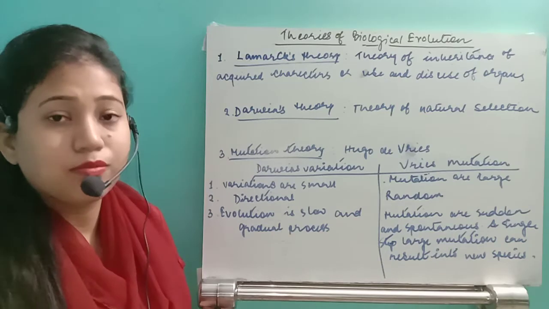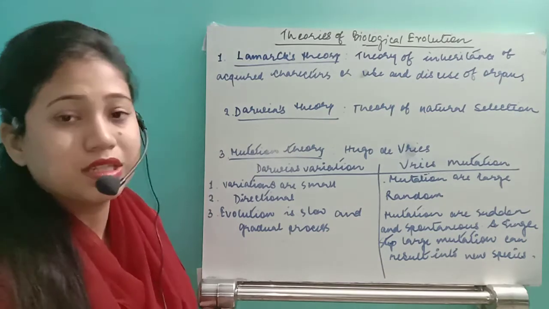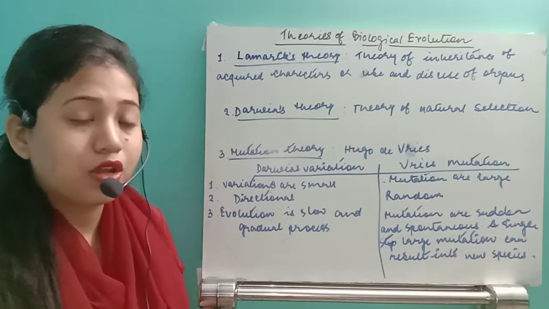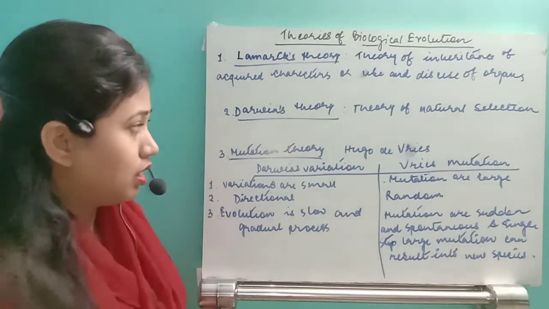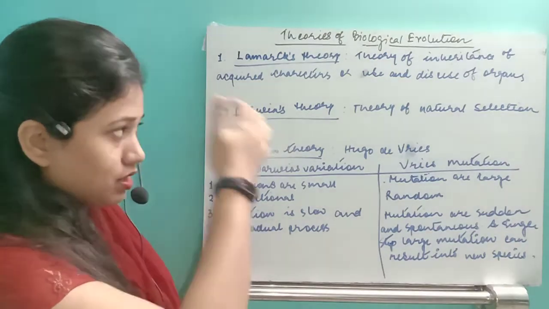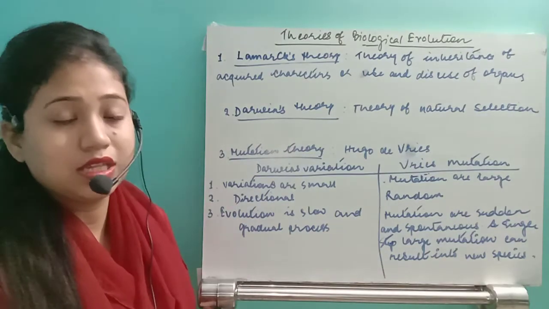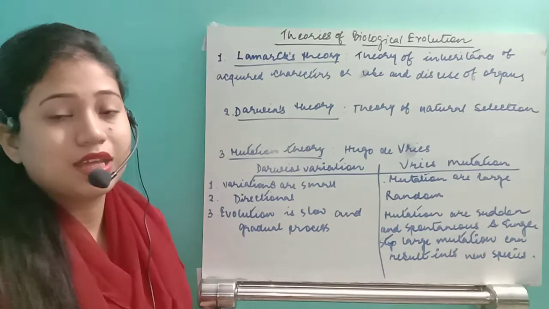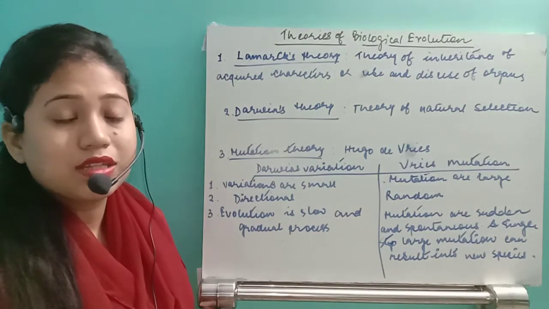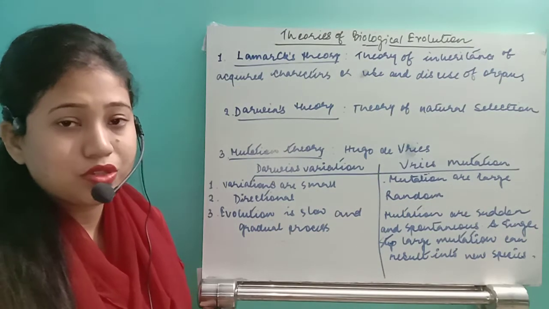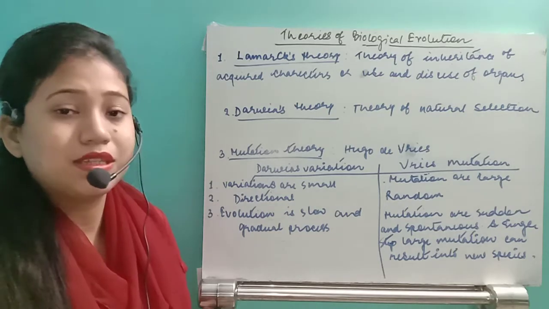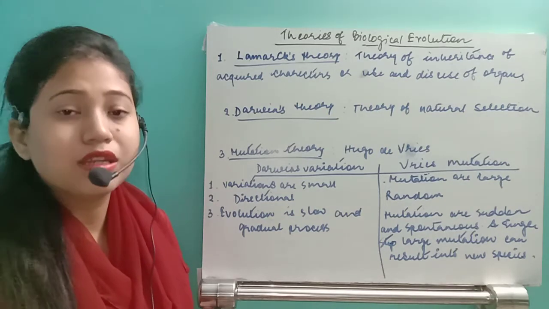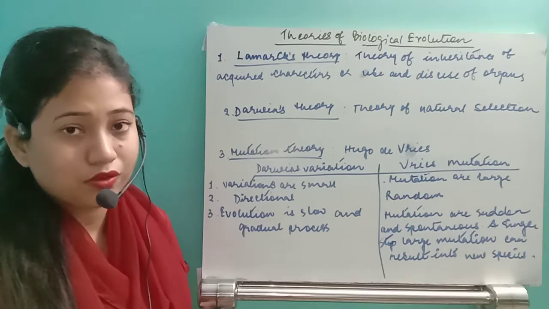This is a very important theory. Though it is discarded, we still have to know it, because it is the first theory on biological evolution. Next is Darwin's theory, also called the theory of natural selection. He said that all organisms have an inherent capacity to reproduce. Whenever a species gets favorable conditions, it will reproduce and its population will increase.